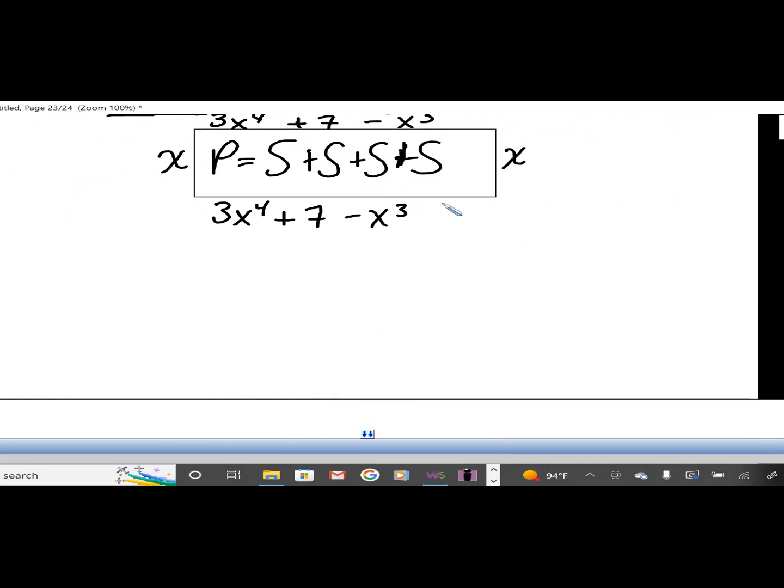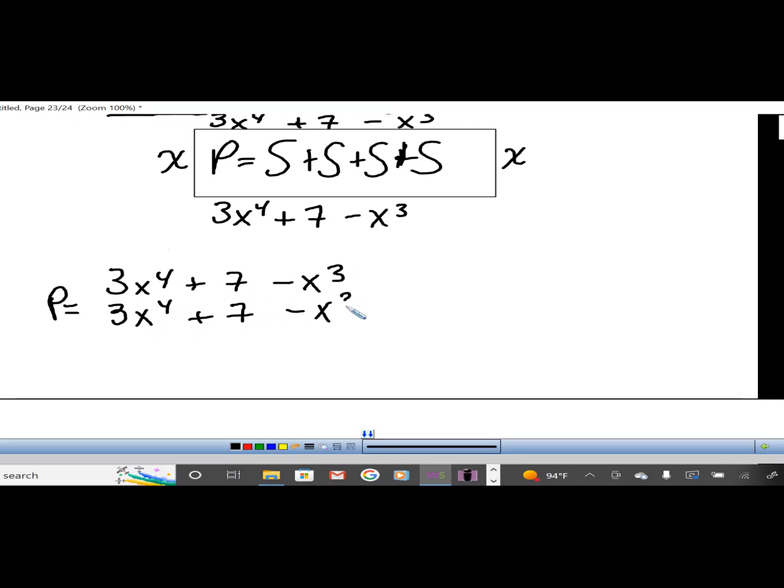I'll make some room. To find the perimeter, I need to write 3x to the 4th plus 7 minus x cubed. I'm going to add another set of the same kind. And then how many x's? 2 of them. So I'm going to write x and x. I'm adding straight up and down.